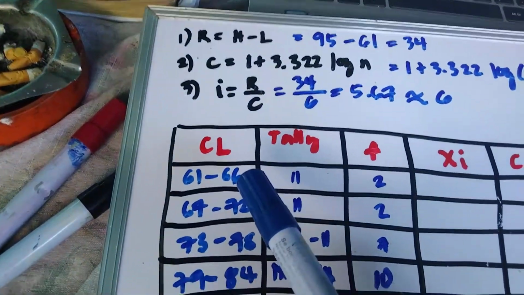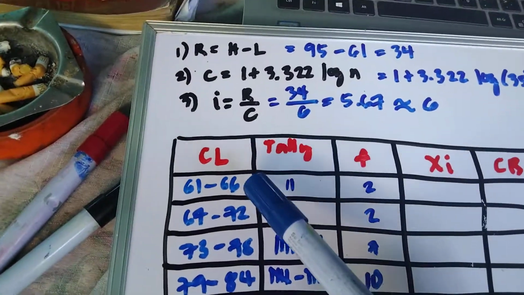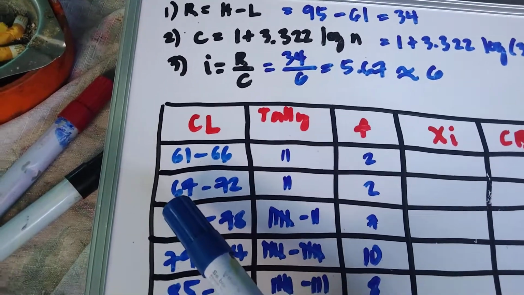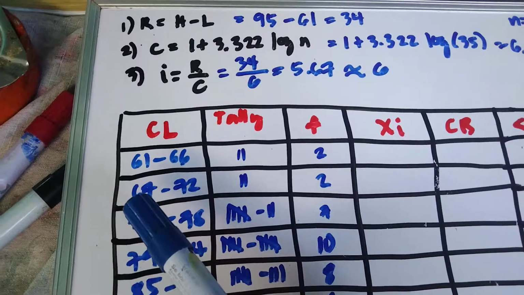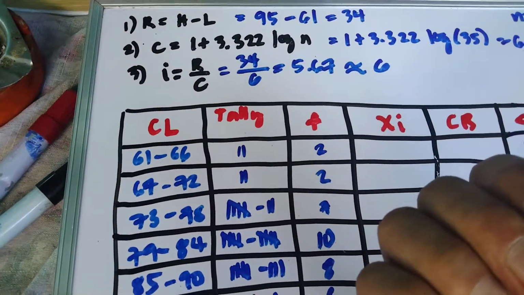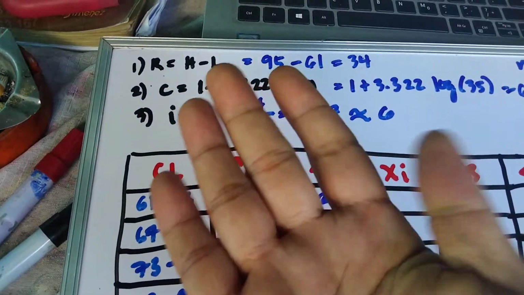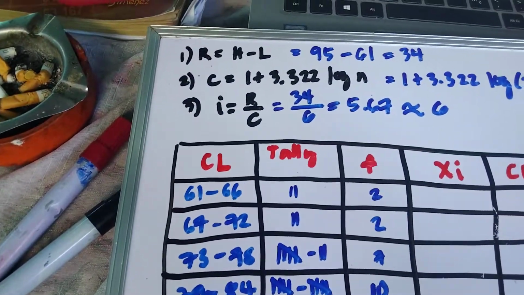Since the first class ended at 66, the next score is 67. Counting from 67: 67, 68, 69, 70, 71, 72.